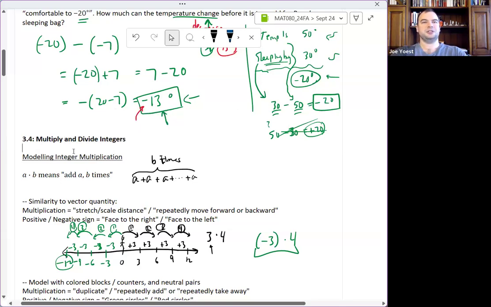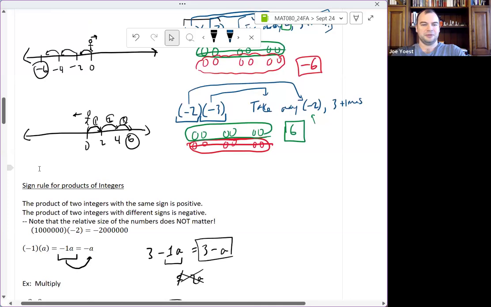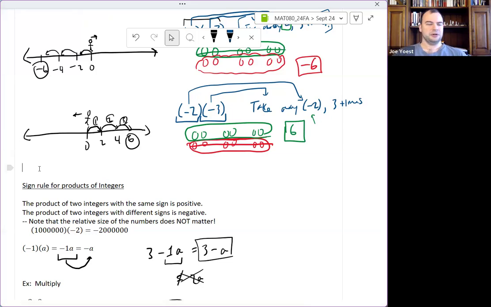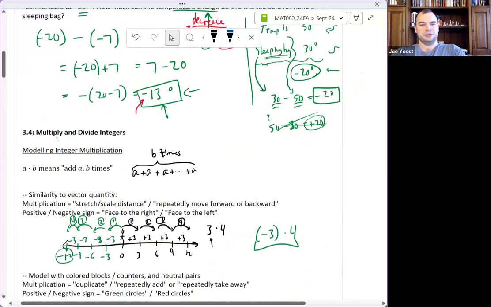Just the process of doing the multiplications and divisions was a little more difficult, I think, most of the time anyway. But in integers, now that we've got that under our belt, I think it's actually a little easier to do multiplication of integers because we have a much simpler rule to follow than if we were doing subtraction of integers, right?